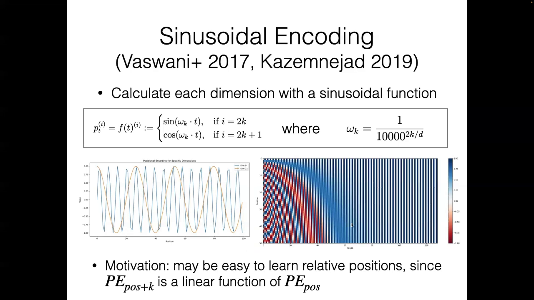Does this somewhat make sense to everyone? Can you explain again what's the blue line and what's the orange line in the first graph? Yeah, maybe the orange one. So this is saying again, you have some vector, and the vector represents position, and then each element of the vector is going to be some sine function or some cosine function.